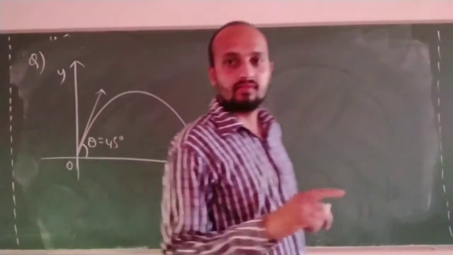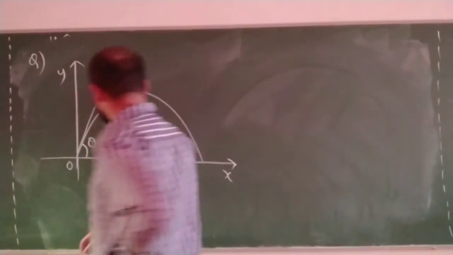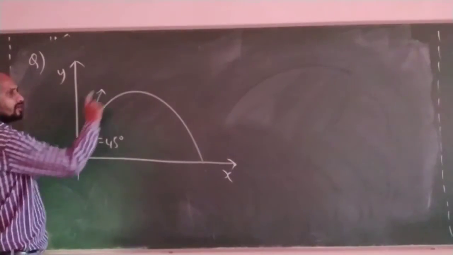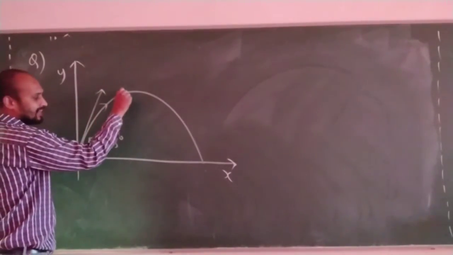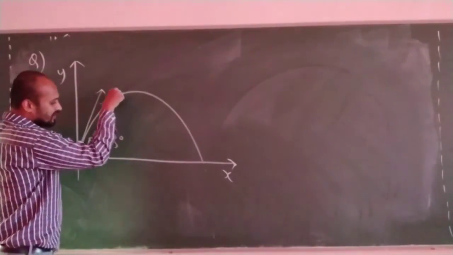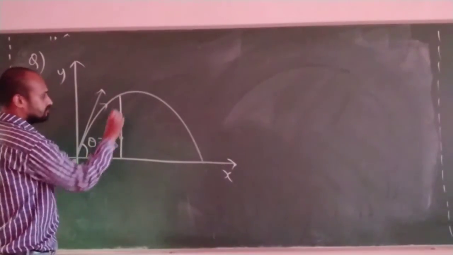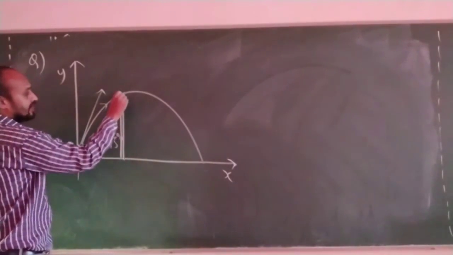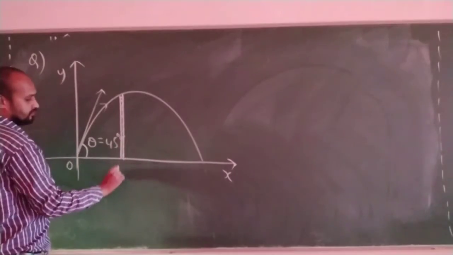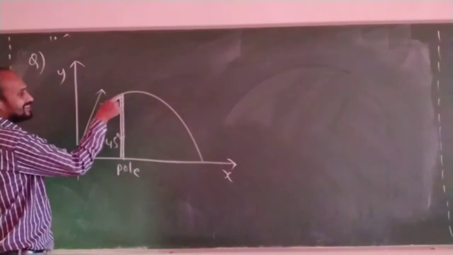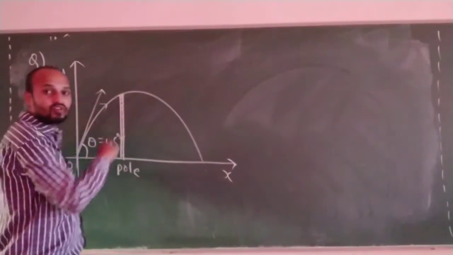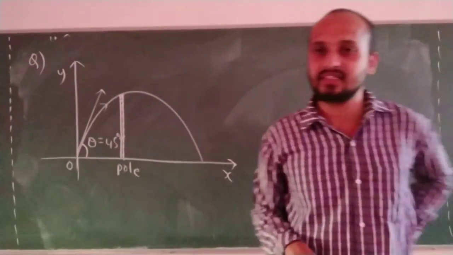And in the question, this projectile will make a journey in such a manner. There is one pole here. Are you understanding? It just touches the top of the height of the pole.